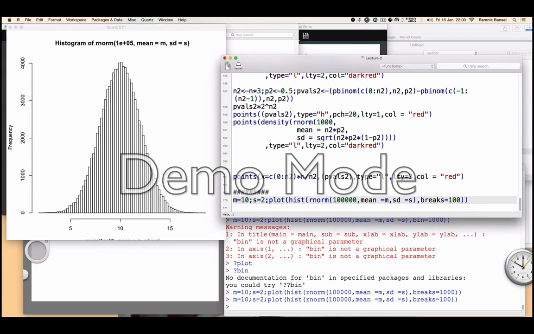All right, you can see that's a neatly made normal distribution with about 100k points.